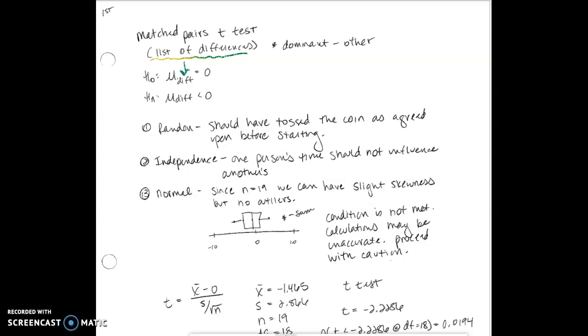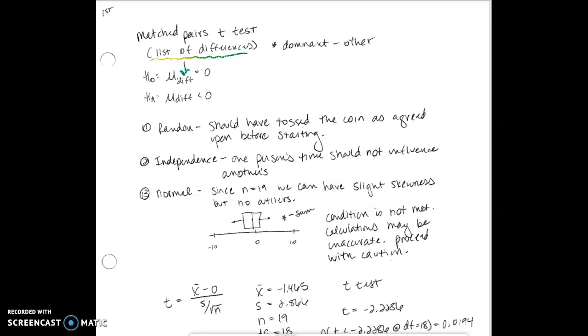We used a little subscript difference. That was just another communication piece to recognize that we were in fact looking at that list of differences. Because we subtracted dominant minus other, thinking dominant would be faster, we would have smaller numbers minus larger numbers and end up with negatives. That's why it was less than 0. It could have been subtracted the other way, and it would have been greater than 0.